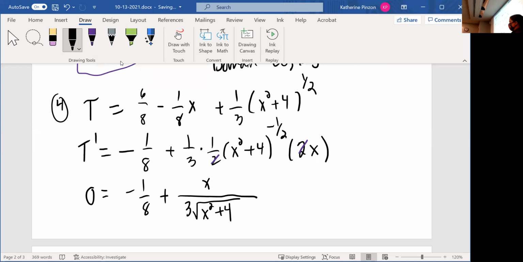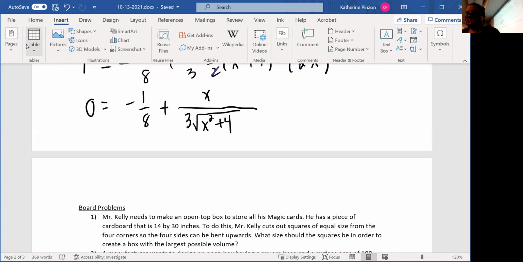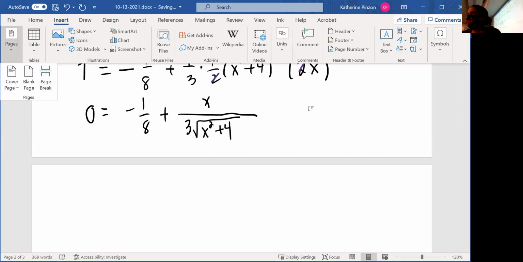Okay, how will you solve this guy? Add the 1/8? Yeah. Add the 1/8, okay. So add 1/8, I gotta put more space in. Okay, I'm gonna add 1/8.